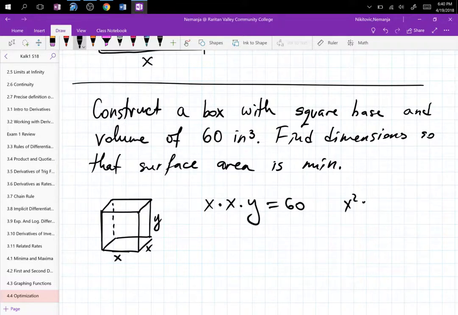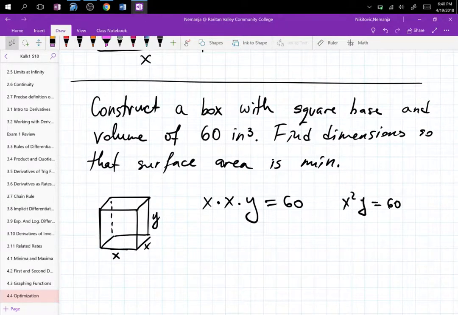So x squared y is 60. The common sense that we have to employ here is the fact that the box is three-dimensional, so I need the height times the width times the length or whatever, right? So three units.